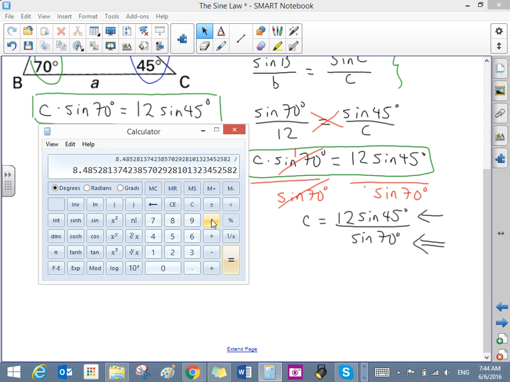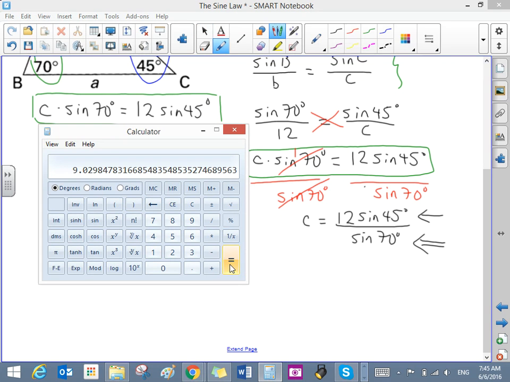We'll open up brackets, make sure it's following BEDMAS correctly, pressing sine, closing that bracket off. Now we have the answer to the bottom. Last but not least, press equals. And we end up with about 9 units.